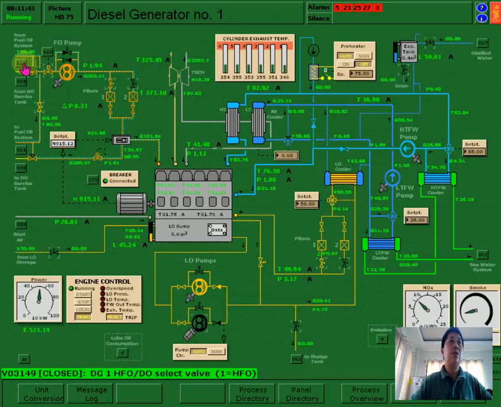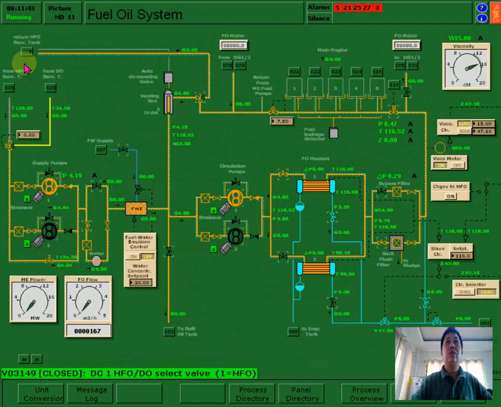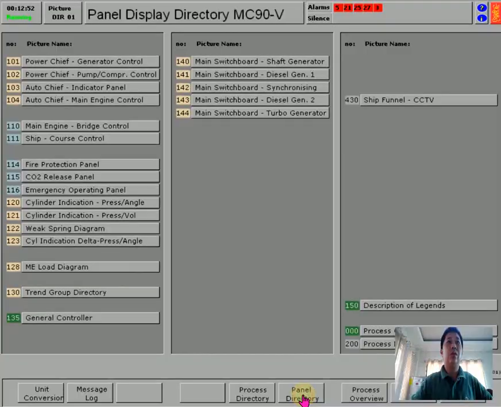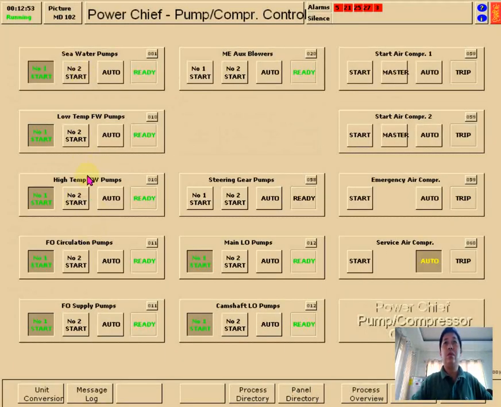So here, I have to open. There is already pressure, and so I check the power check pump control. So this should be in automatic. Set in auto.